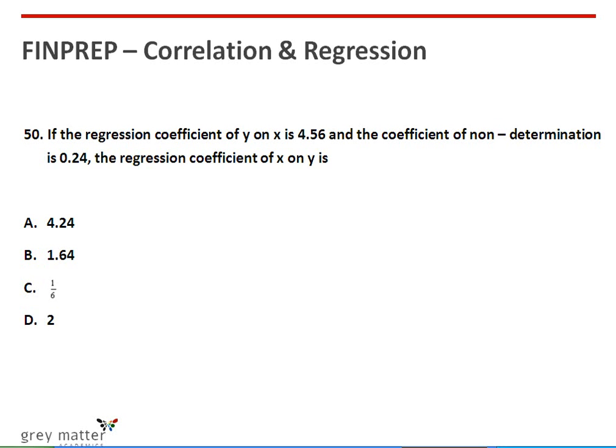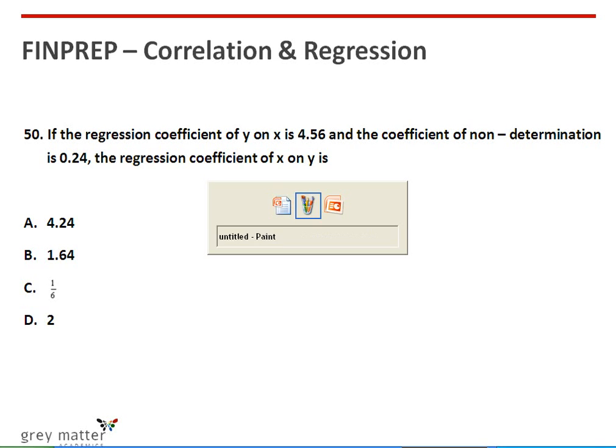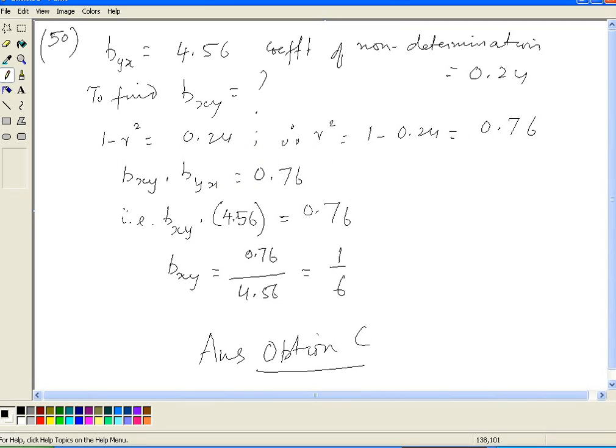50th question, the last one. If the regression coefficient of y on x is 4.56 and the coefficient of non-determination is 0.24, we need to calculate the regression coefficient of x on y. Going to our work area, the regression coefficient y on x, that is byx, is given to be 4.56.